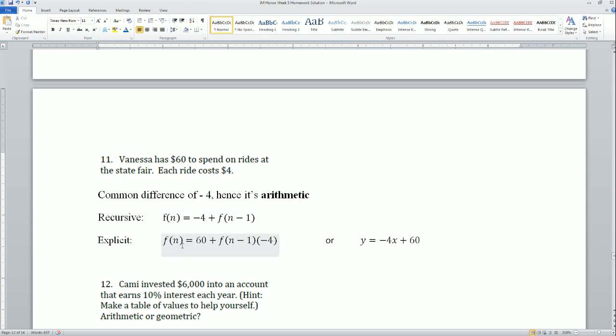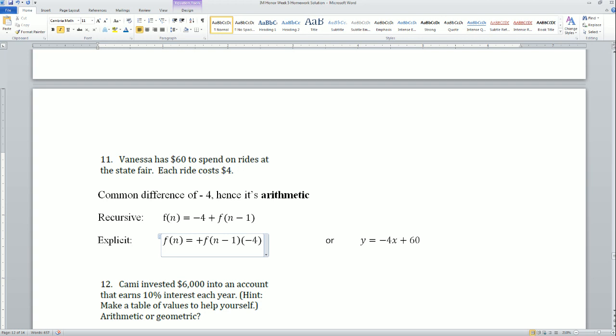The explicit here, the first term is 60, right? Because that's what she starts off with, right? Plus... No. This is the first term. So the first term means she goes on 1 ride.